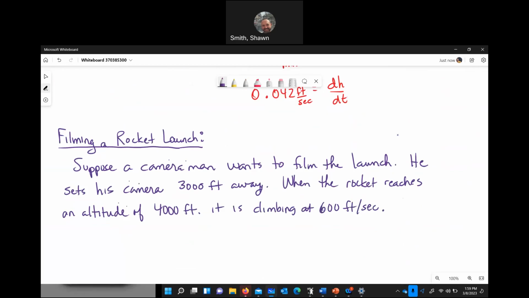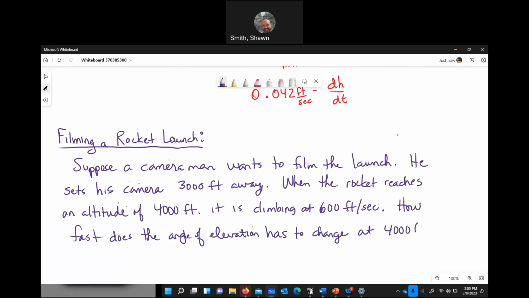How fast does the angle of elevation have to change at 4,000 feet to keep up with the rocket?